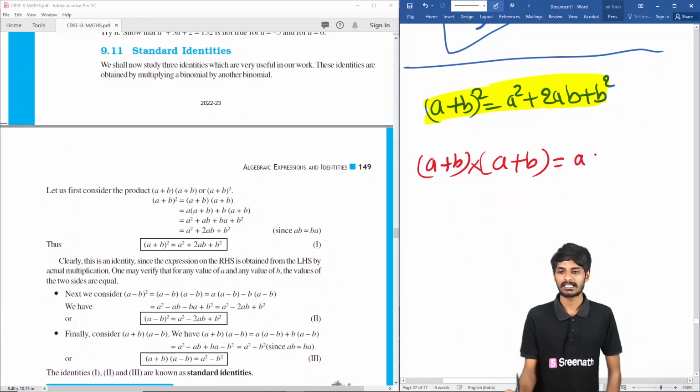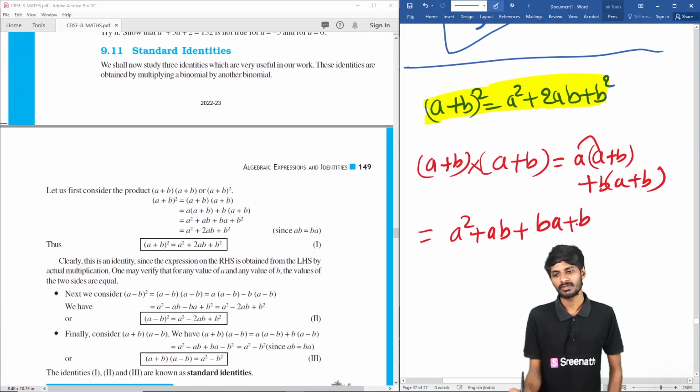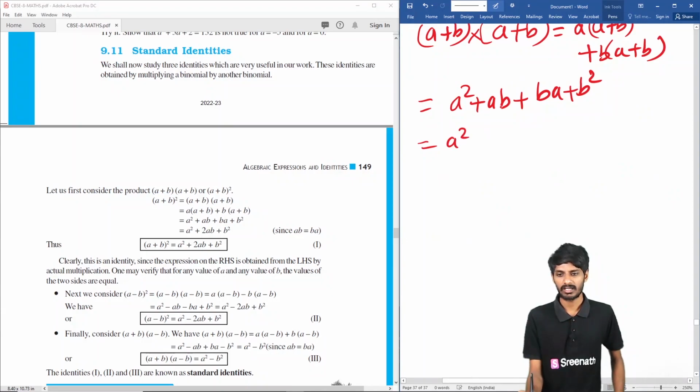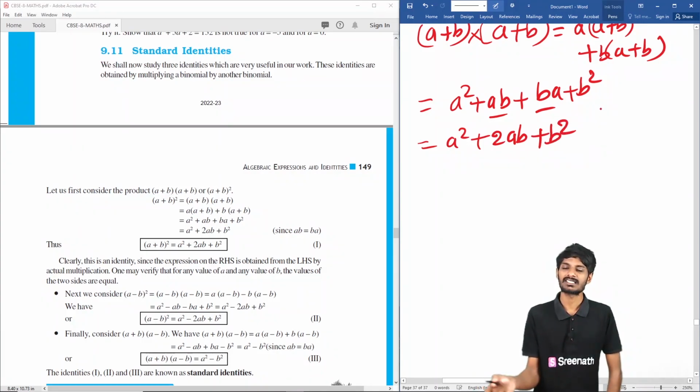How will we do it? a into (a plus b) plus b into (a plus b). If you continue the multiplication, a into a is a square, plus a into b is ab, plus b into a is ba, plus b into b is b square. Here a square stands alone and these two are like terms. We can add the like terms, then we get 2ab plus b square. So that is the RHS.